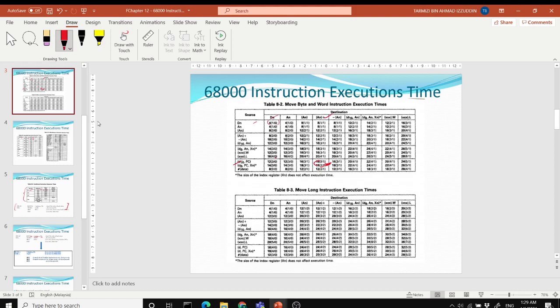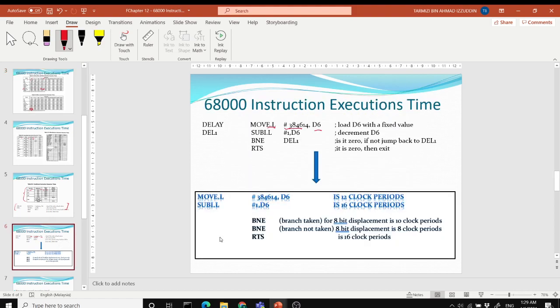Long size, if I'm not mistaken, yes, to D6. So this requires 12 clock cycles. From a number to a data register, long, sorry, I'm saying this one over here. So 12 clock cycles are required to execute this particular instruction. Then we move on to the next instruction.